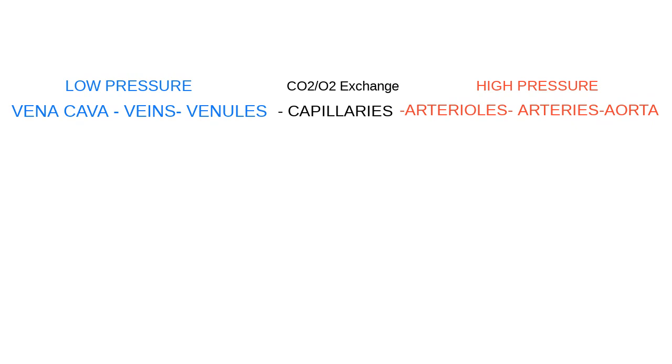So the vena cava is the largest vein in the body, and it has an inferior portion and a superior portion. The superior portion receives blood from the upper portion of the body. The inferior portion receives blood from the lower portion of the body.